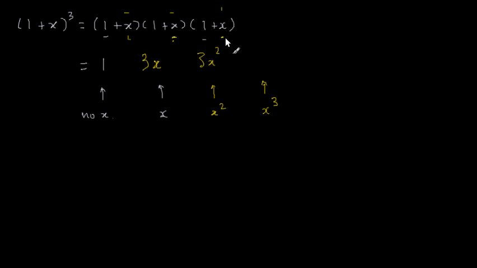There are no other ways I can do it. So there's just the one way I can pick an x from three brackets. Therefore, it's just the one x cubed, just that one combination that I have. And this therefore is what we would get when we factorize it.